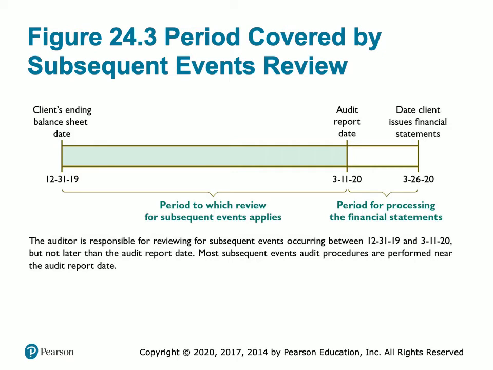And the client may not issue their 10K until 3/26, right? So the auditor is responsible for reviewing information between the end of the financial statement date and the audit report date.